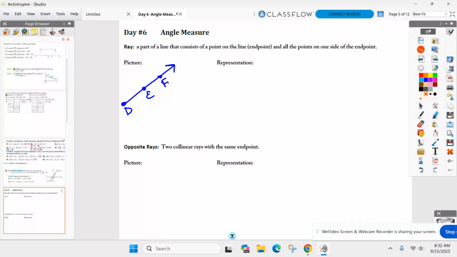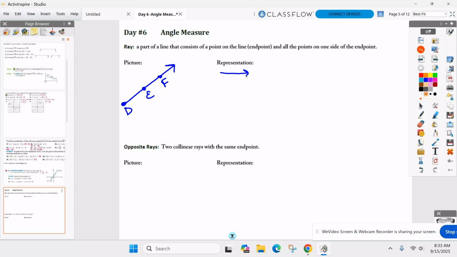When we talked about a line and a line segment, honestly, order didn't matter. You could have put the points any which way you wanted. Not anymore. Order matters when you start writing the symbols. The little symbol is a little ray, but what you put under it does matter. You have to put the endpoint first.